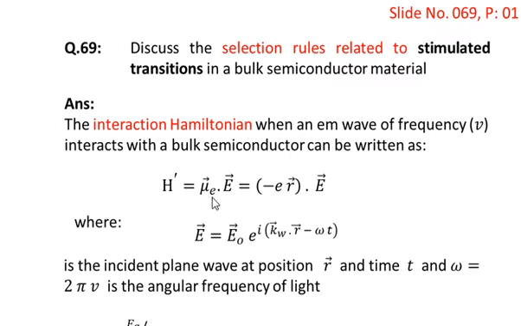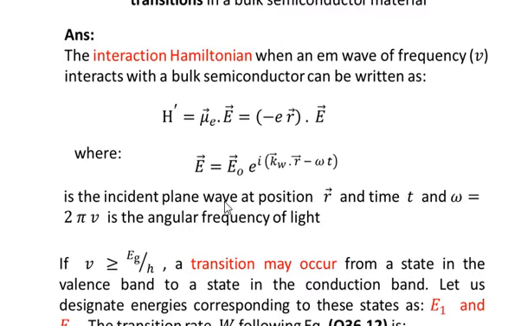And the electric dipole moment can be expressed as minus e r, with a dot product with capital E, where capital E, which is the electromagnetic wave, can be expressed as E is equal to E naught e to the power iota (k_W dot r minus omega t). We have used a subscript W with k because this is the wave number of the incident wave.